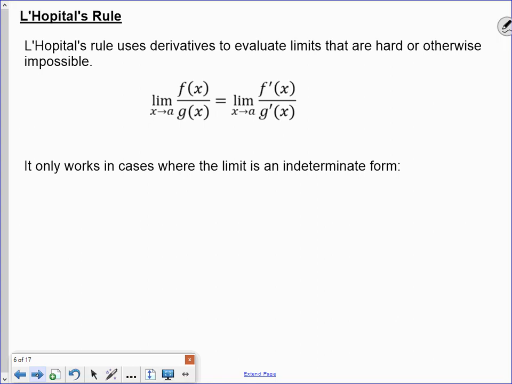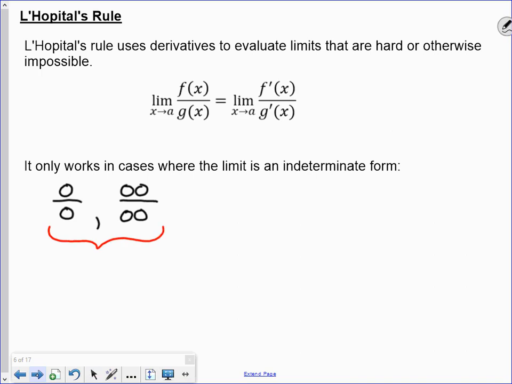So when you do direct substitution, if you get something like 0 over 0 or infinity over infinity, L'Hopital's rule will work in helping you to evaluate the limit. These two are by far the most common indeterminate forms that we run into.